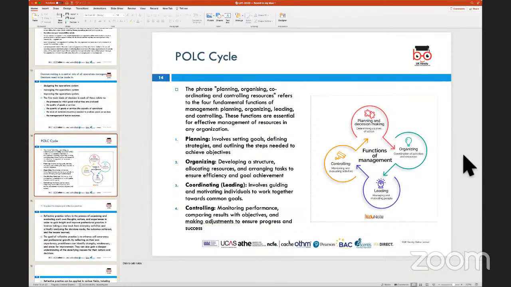Coordinating or leading means that sometimes management would also get involved on a nitty-gritty basis. That means ensuring that the people working within those areas are motivated.